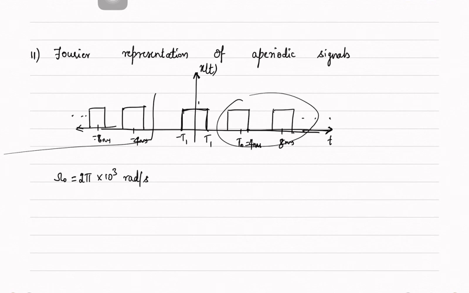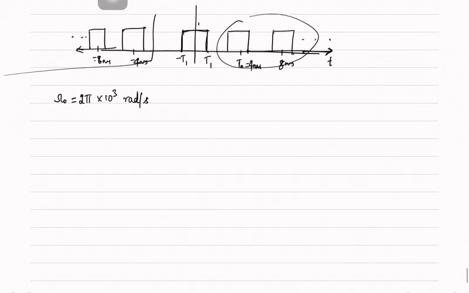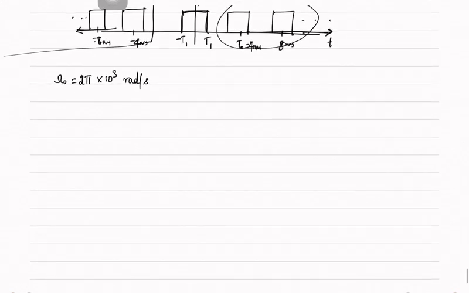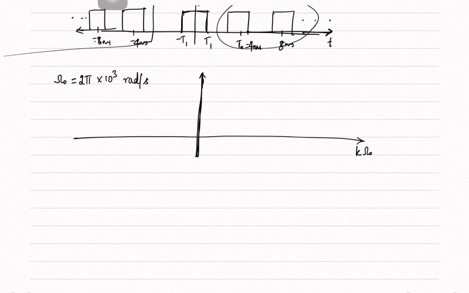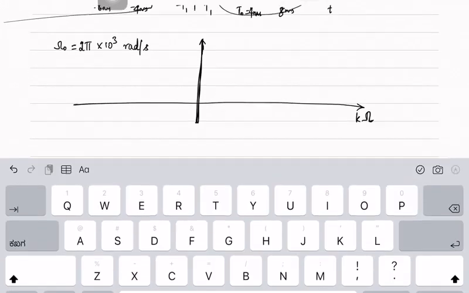Now, I had drawn the spectrum in the previous case as a function of k. Now I'm not going to make it a function of k, I'm going to make it a function of k omega naught, because since I'm changing the time period of the signal, the value of omega naught keeps on changing.